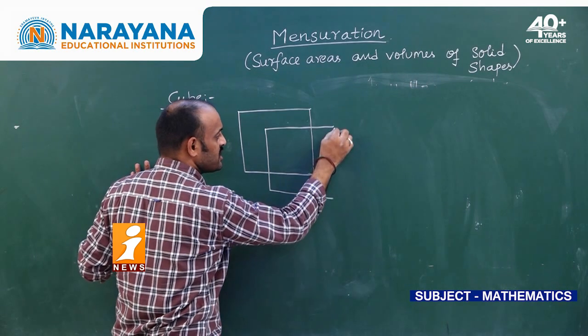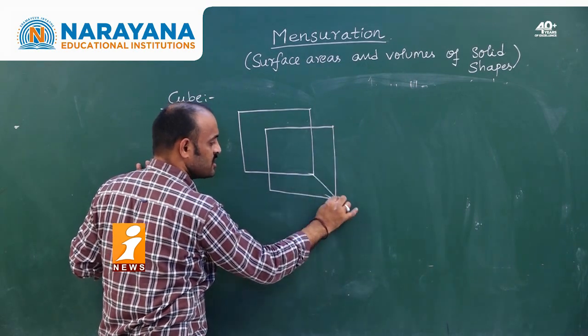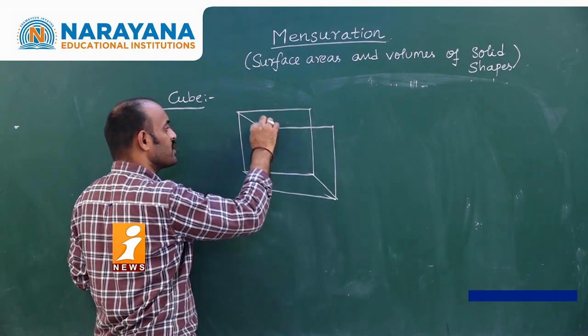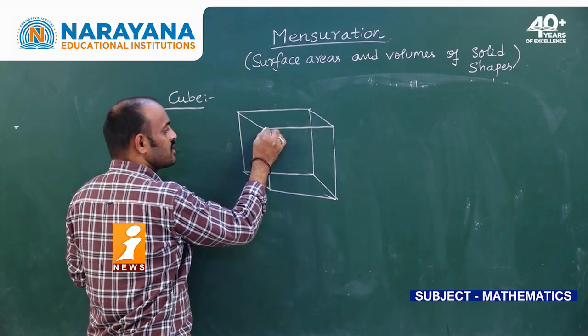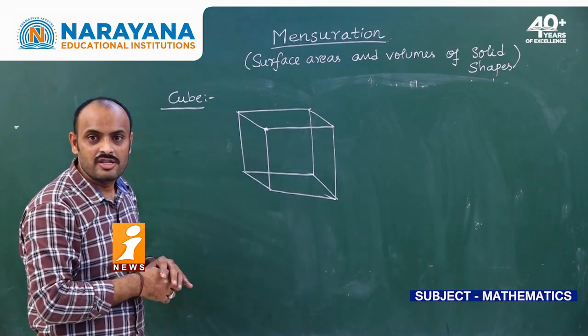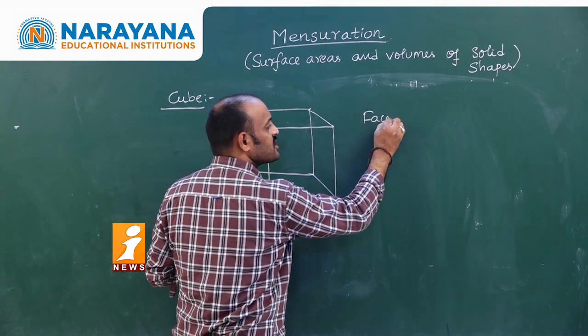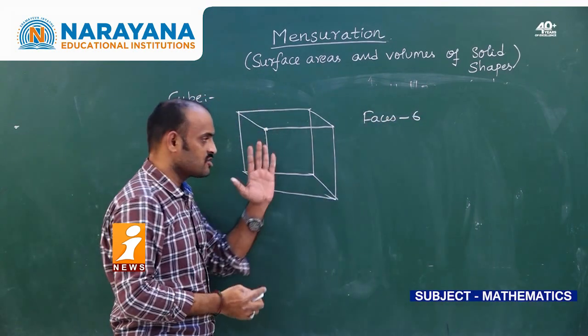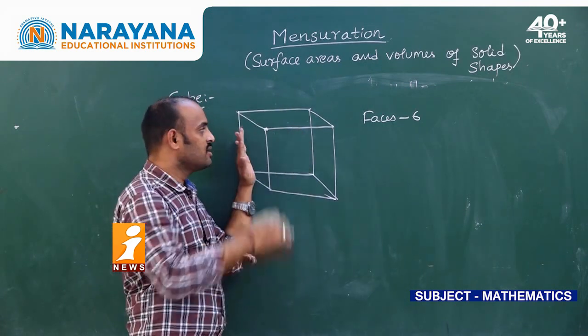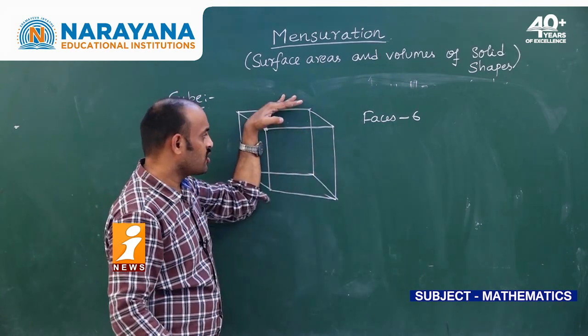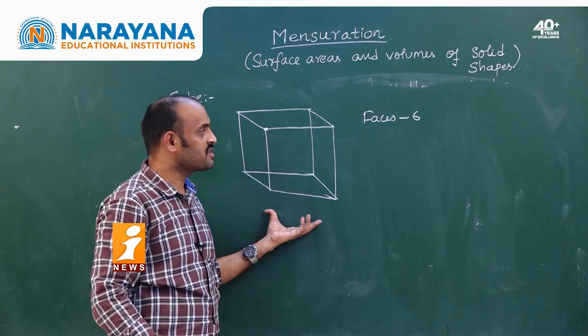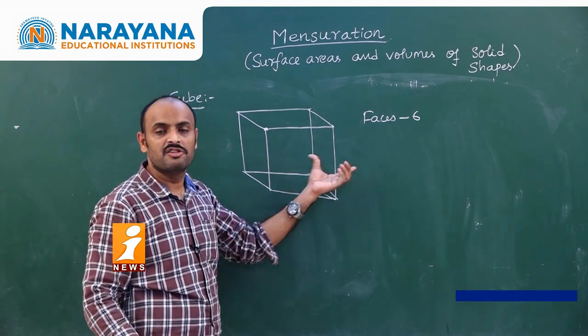A cube contains 6 surfaces, and each surface is a square. How many faces are there? 6: front, back, left, right, top, bottom. Surfaces are nothing but faces here.